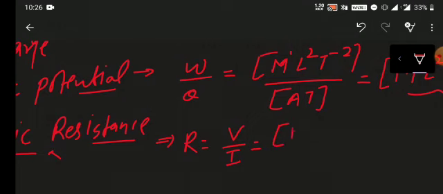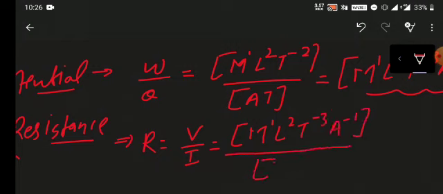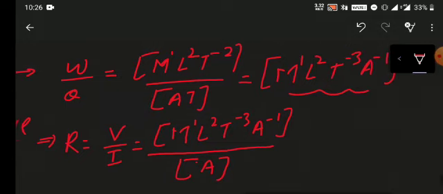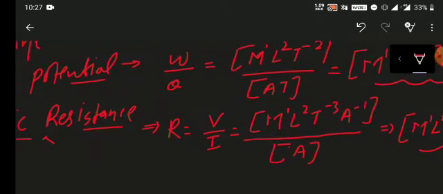So electric potential has the dimension M1 L2 T minus 3 A minus 1, and the current has the dimension of A. So the final form is M1 L2 T minus 3 A minus 2. Okay, this is all about electrical resistance.